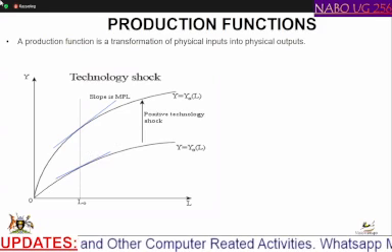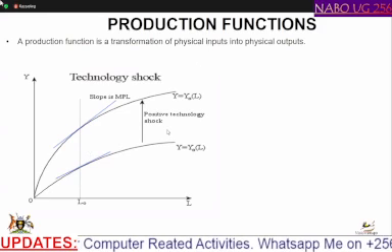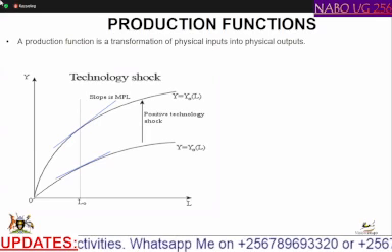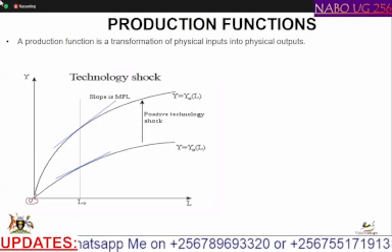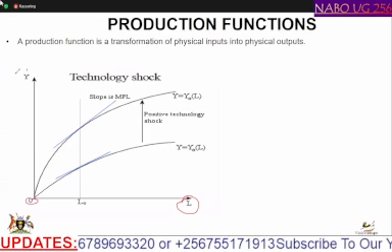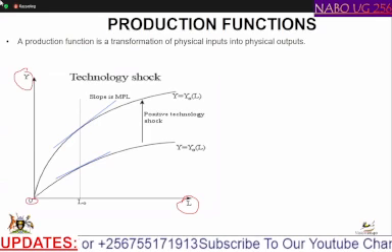In the short run, some factors are fixed, so output depends on labor. This is an example of a short run production function where you are able to change your labor to produce a given level of output.